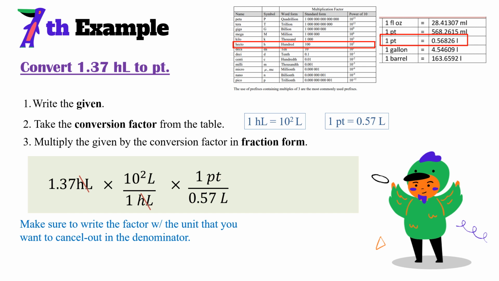Okay, now the unit liter will cancel out. You will be left with pint. Okay, now perform the operation. 1.37 times 10 squared over 1 times 1 over 0.57, you will get 1,754.39 pint.